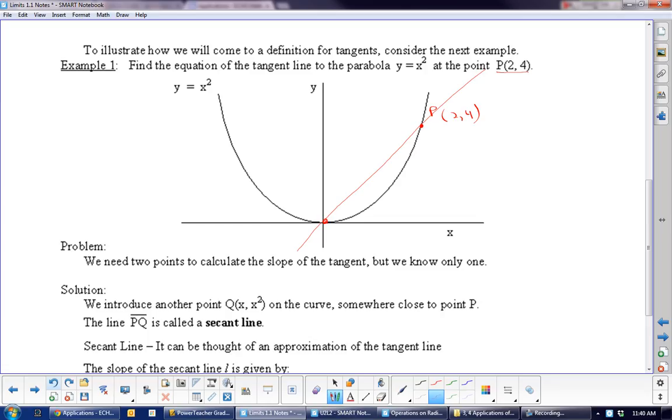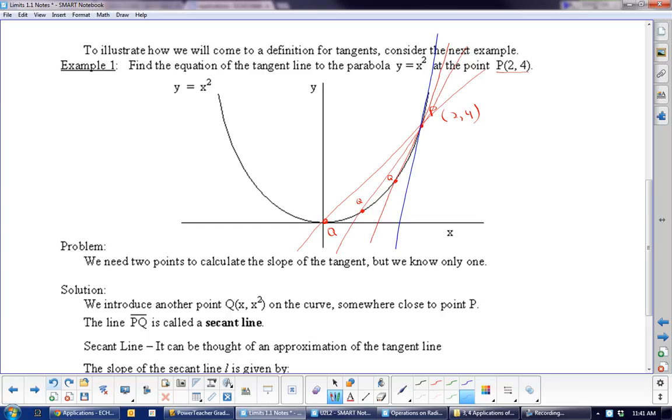But you're onto something, because if this was, say, point Q, what happens if I start moving point Q closer? What starts to happen? Now, let's just pretend that this is the slope right there.